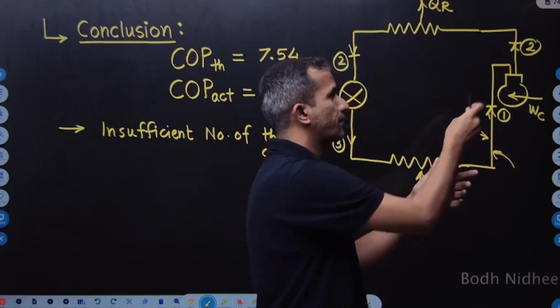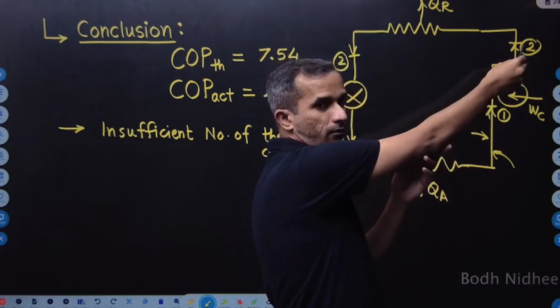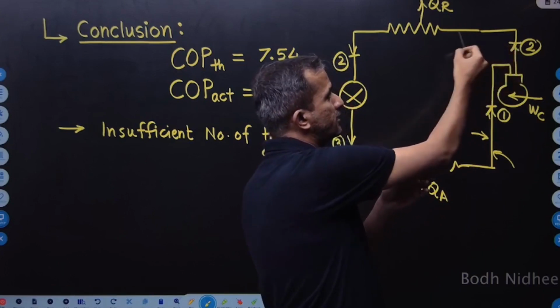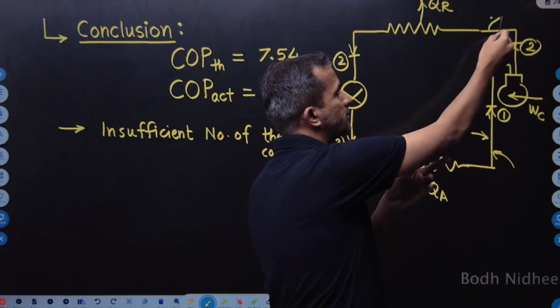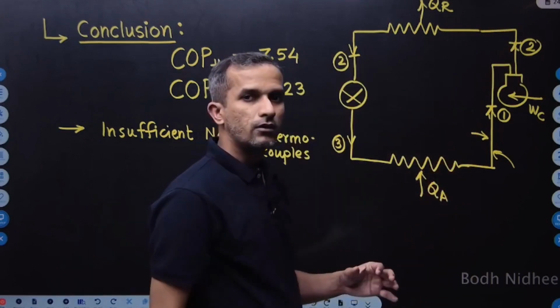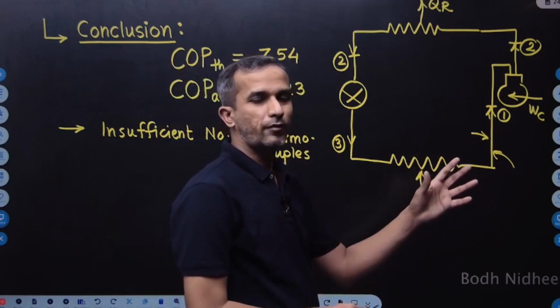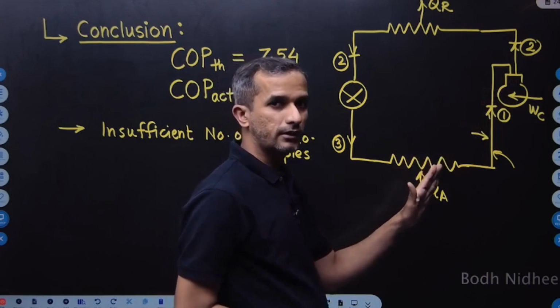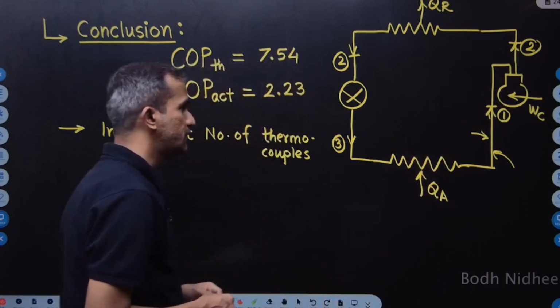In a similar way, we have mounted a thermocouple at the compressor. Now we are considering that the rejected heat in this region is the condenser heat, which is not actually so. So one thermocouple between the two devices is not sufficient. The number of thermocouples is insufficient.